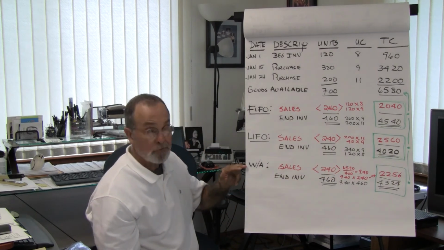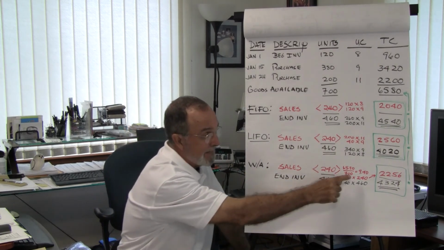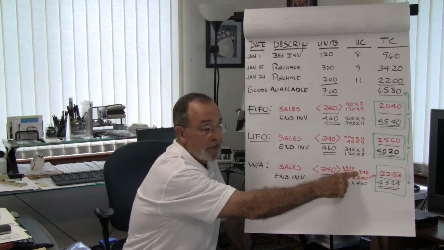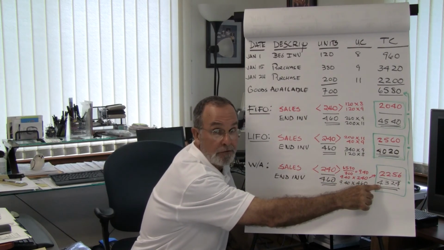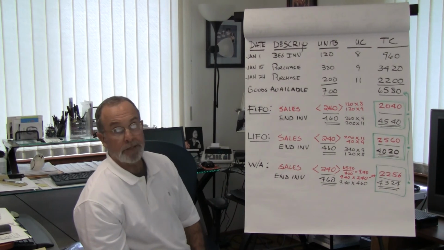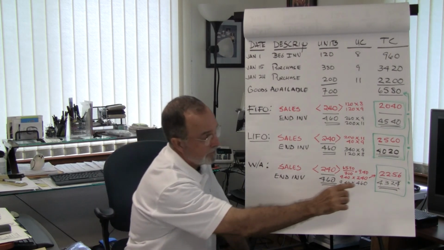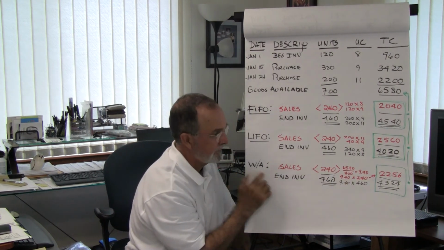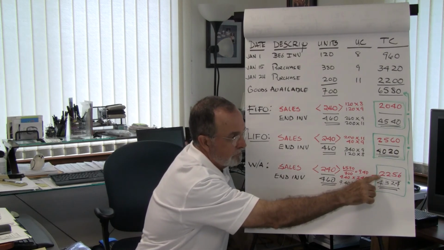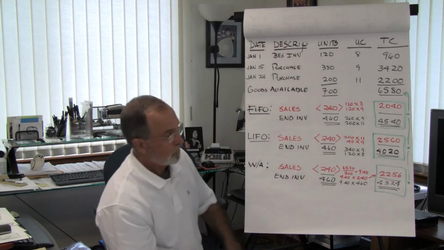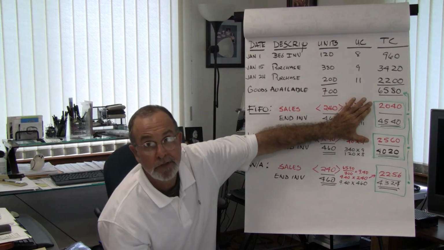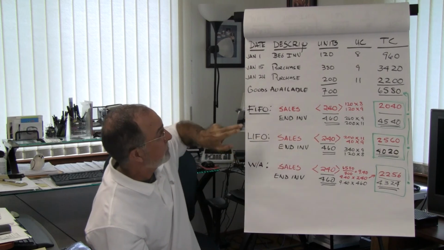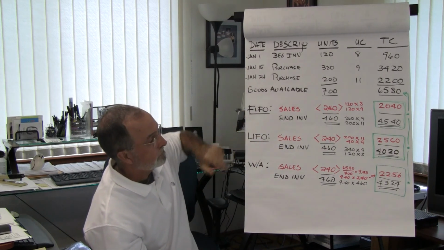And so when we use weighted average, we use that average cost to calculate both our cost of goods sold as well as our ending inventory. And so if you notice, our calculated cost of sales under weighted average is $2,256, which is in between the two amounts calculated when we use either FIFO or LIFO.